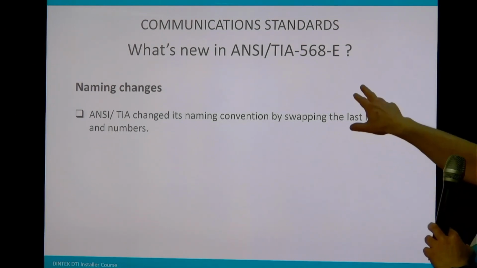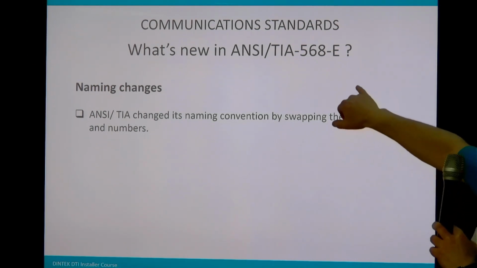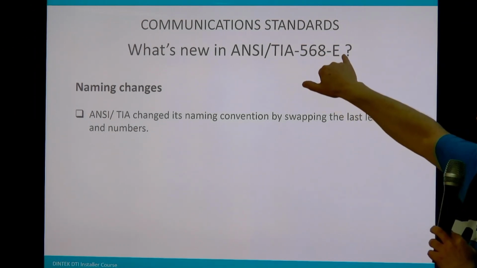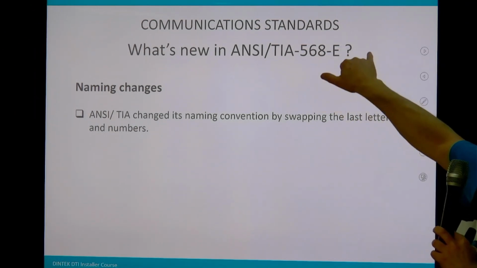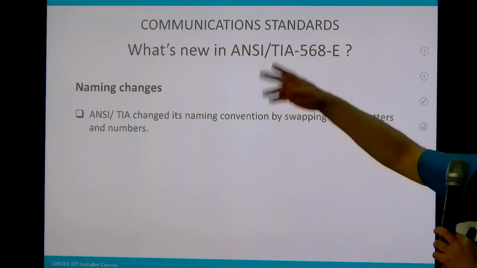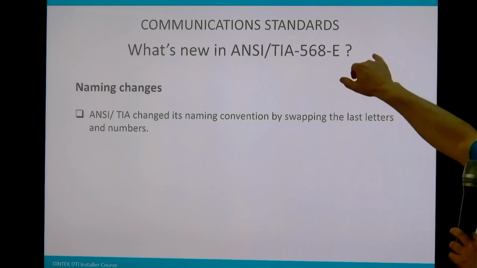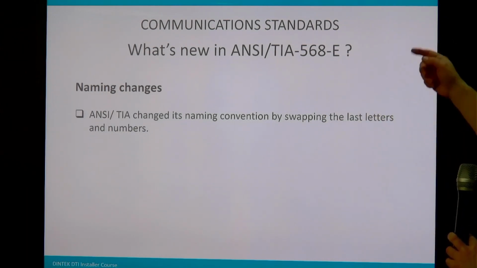But when they came to the D, they said, right, it's the letter that we're changing, but the letter's sitting in the middle. So they said, we're going to change this around. It's now going to be 568.2-D. So that's all they changed, this number on here.